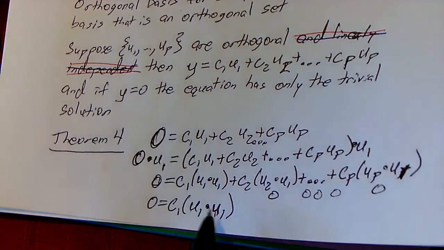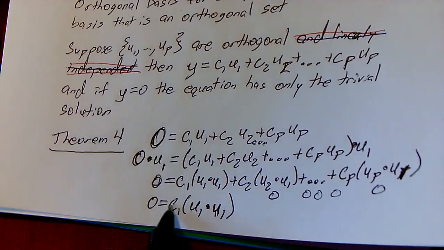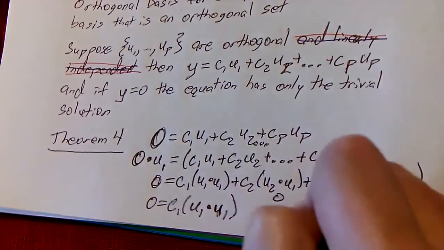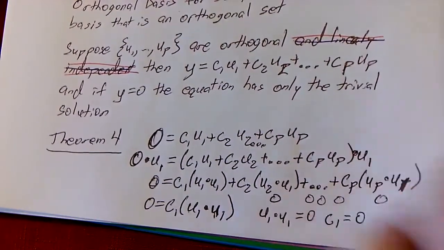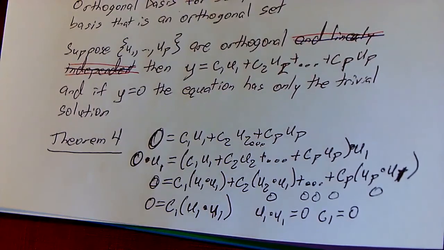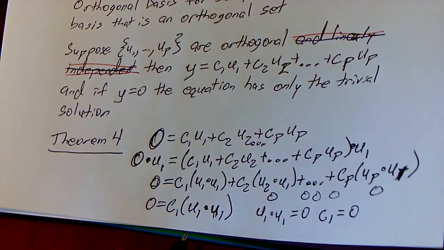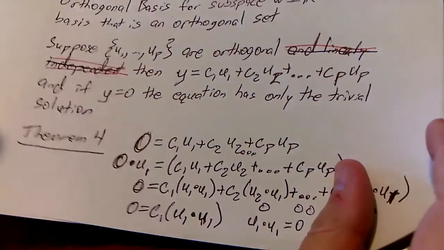So either u1 dot u1 is 0 or c1 is 0. And if c1 is 0, I have only the trivial solution. If u1 dot u1 is 0, then I definitely don't have an independent set, because any set containing the 0 vector is going to be dependent.